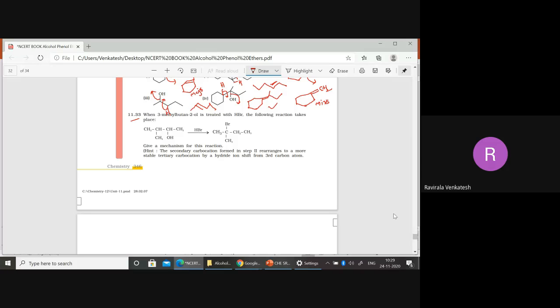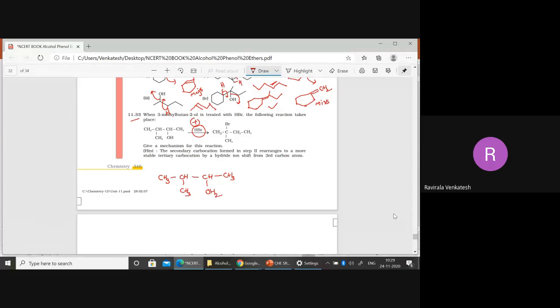The secondary carbocation formed in step 2 is rearranged to a more stable tertiary carbocation. So I'm doing something like this: CH3, CH3. I don't think they ask this type of hard question in the examination, but anyhow, if we have doubts, we can discuss. HBr will release H plus here.